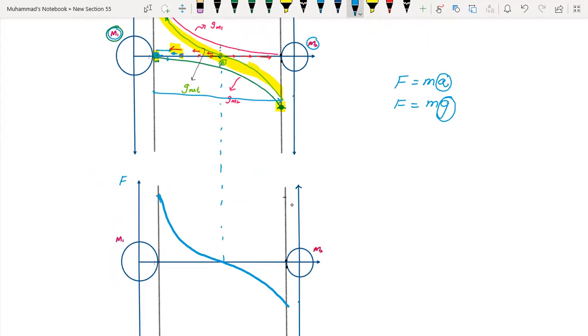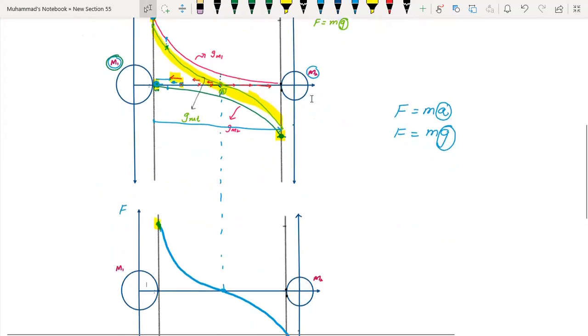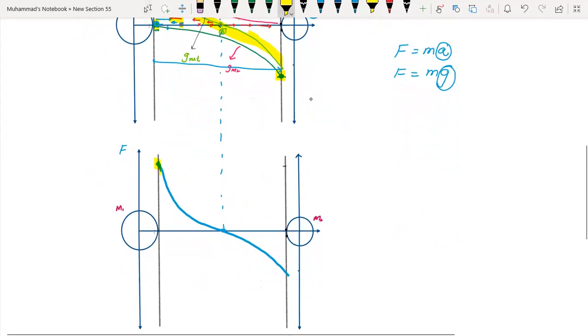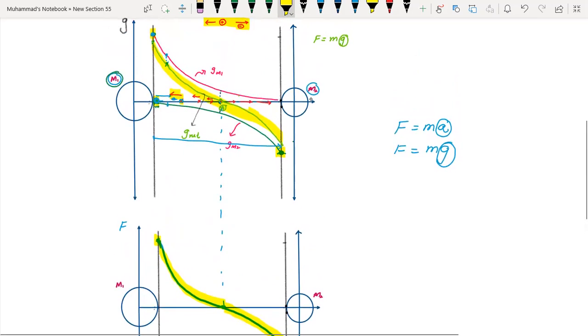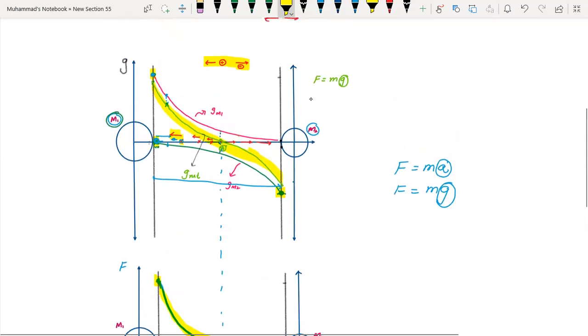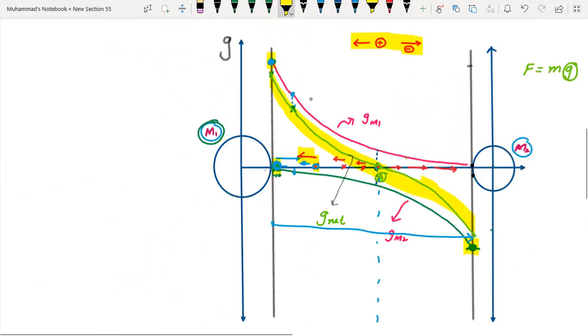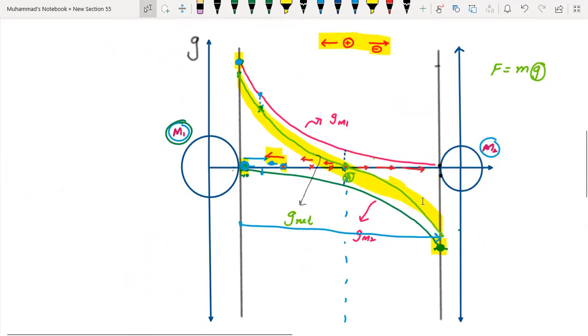This is how the net force on this object changes. The net force is maximum at that point because G is maximum. Then the net force decreases, it becomes 0 at that point. Then the net force increases in the other direction. So this is how the net force varies, and the net gravitational field strength between these two masses varies.